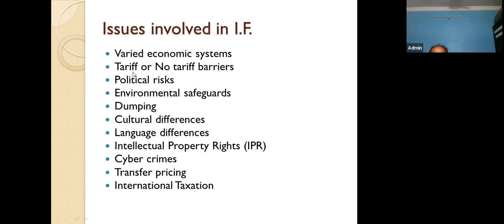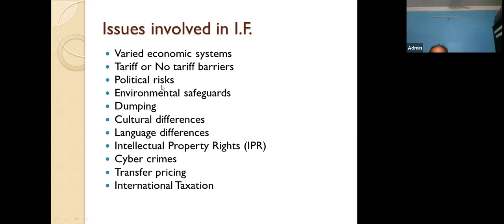Then there might be tariff or non-tariff barriers, but now GATT has come, the General Agreement on Tariffs and Trade. GATT has imposed several taxes on these transactions.